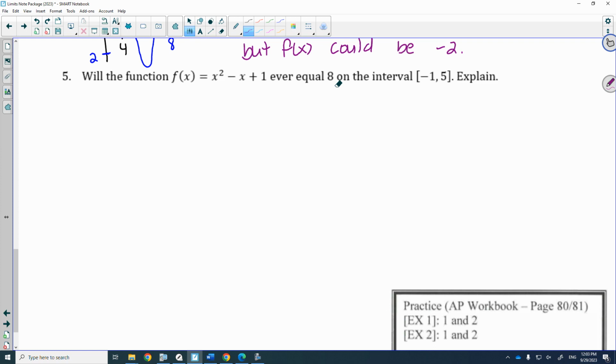Will this function ever equal 8 on this interval? State what first, Julie? Yep. Why is it continuous? Yes. F of x is a polynomial.